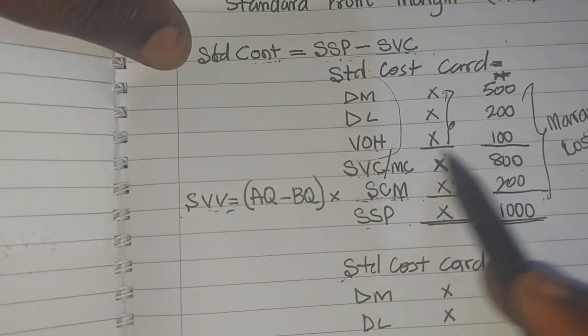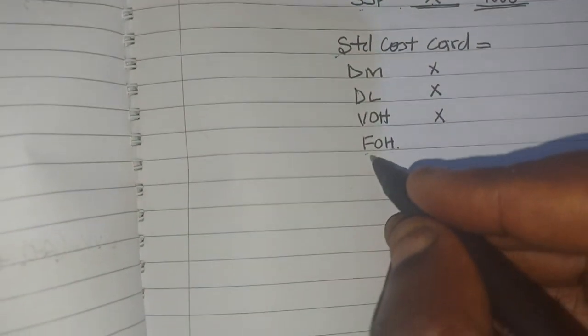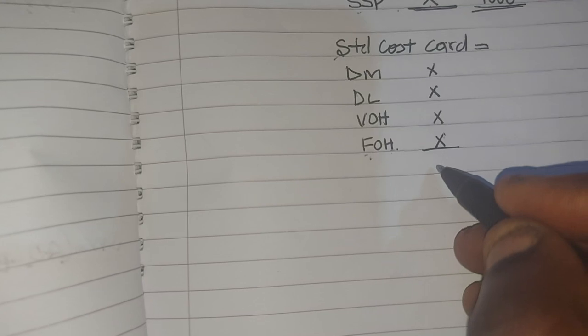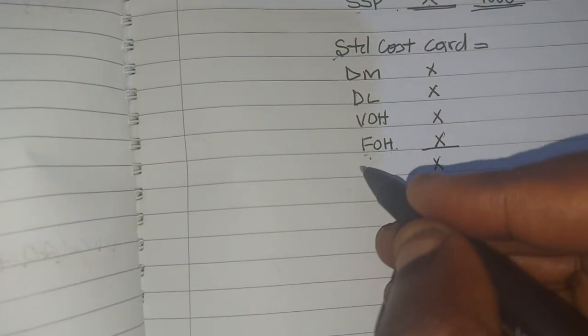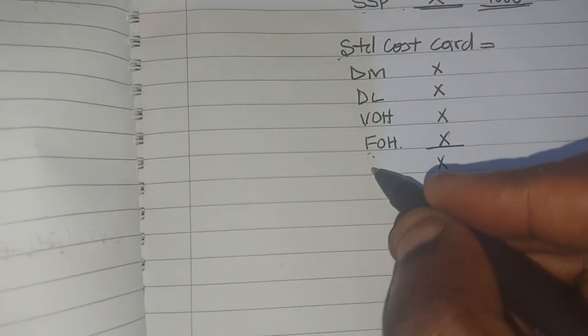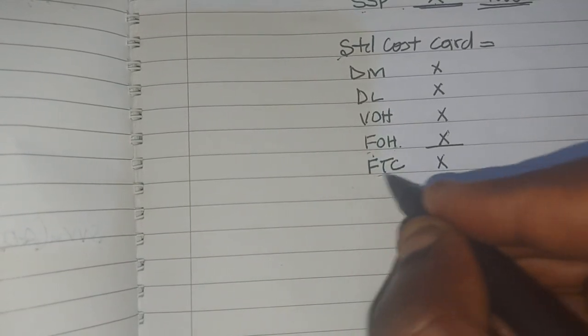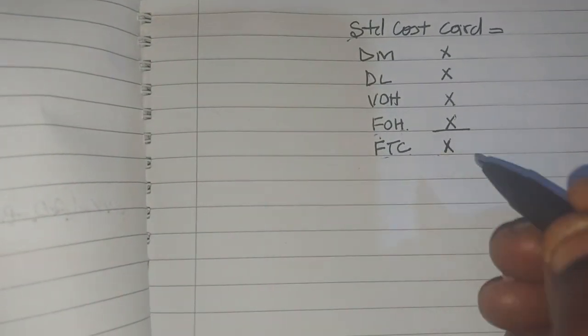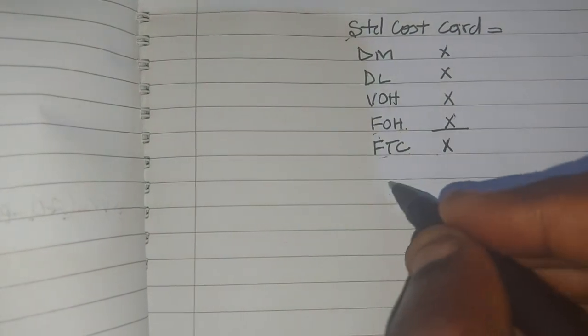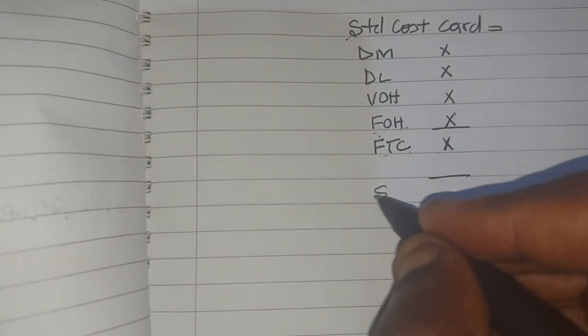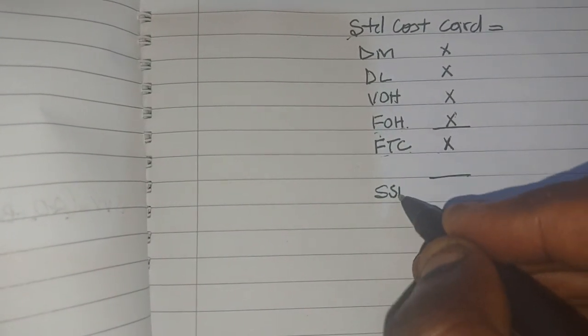Unlike the previous one, we don't have fixed overhead there, but here we have our fixed overhead. So the total gives full cost. This is full total cost.